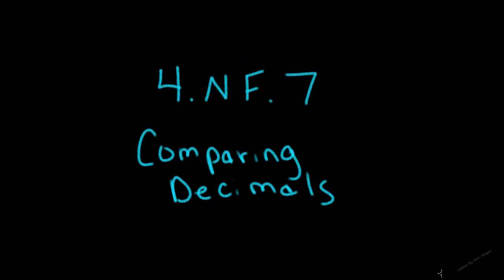In this lesson, we're working on standard 4.NF.7, comparing decimals. This is one of a little bit simpler skills of all the expectations of fourth grade students. Let's just jump in here with an example. So if we have, let's do a decimal that has whole numbers as well.